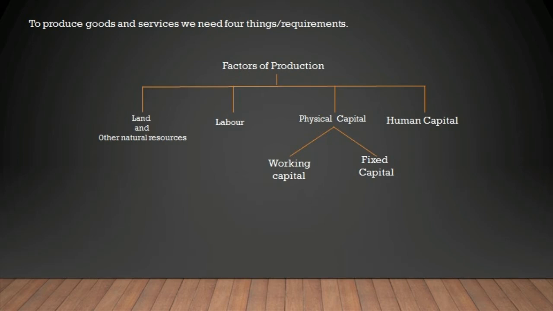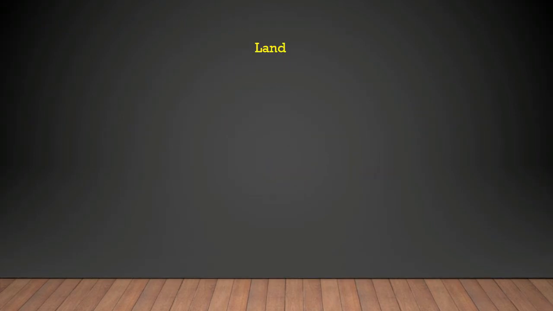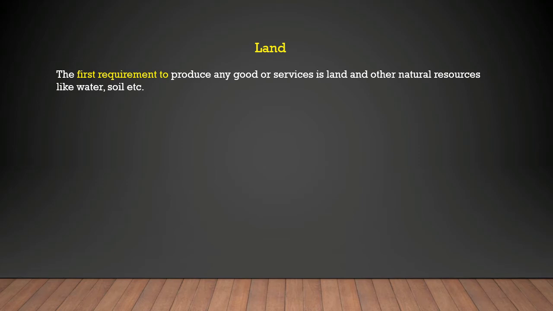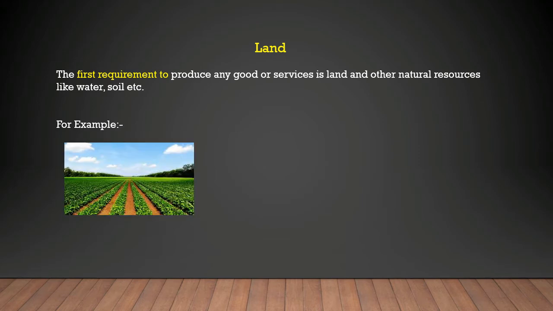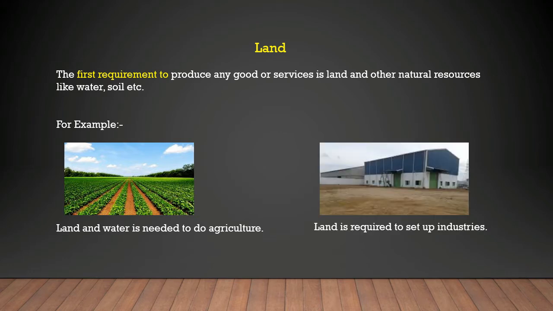Now we are going to see them one by one. To start with, the first factor involved in the production process is land. To produce any good or service, land is very important. For example, if we want to do agriculture, we need land and water. Similarly, to set up an industry, we need land.